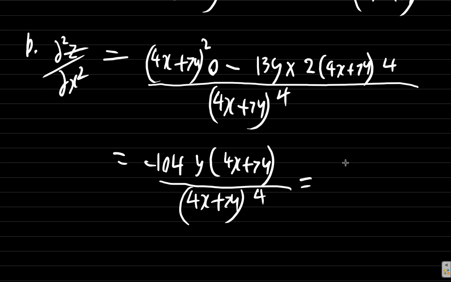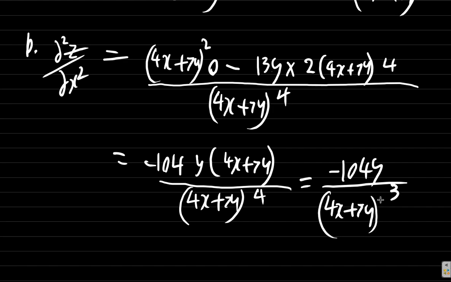That cancels down to negative 104y over (4x plus 7y) cubed. So that's ∂²z/∂x².